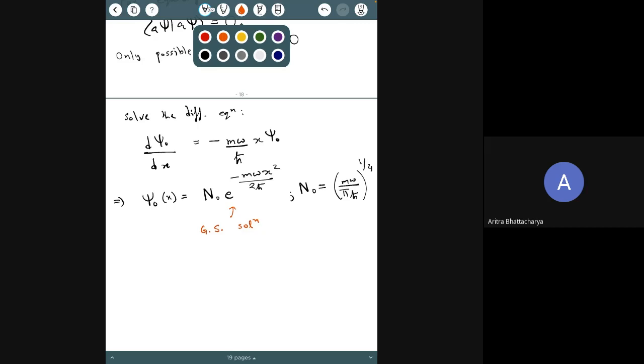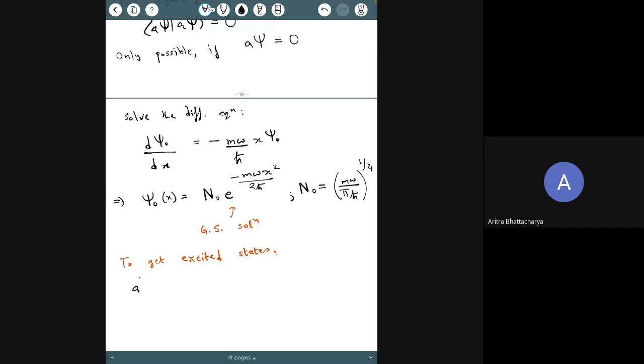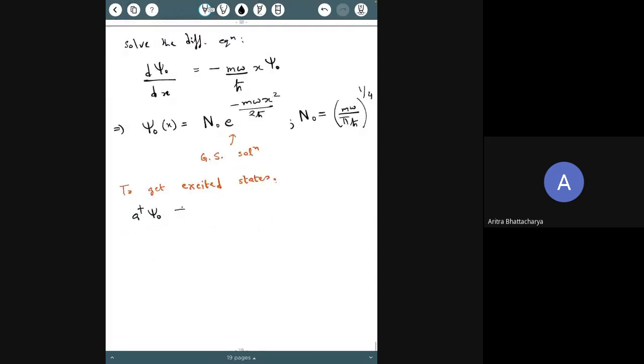Okay, so to get excited states, we will do A dagger psi 0. This is what we need to find out. So every time we go up one energy level.